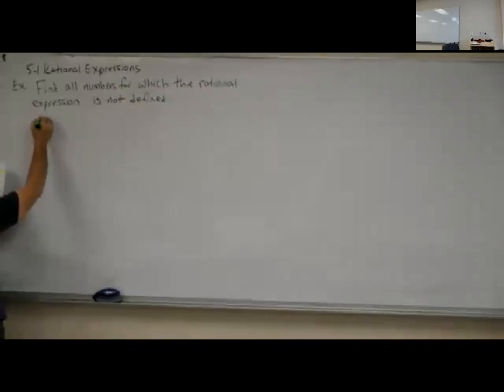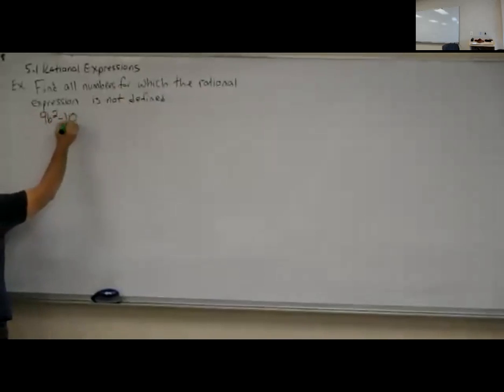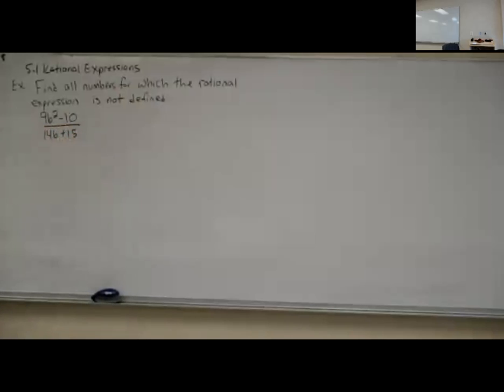They're giving us 9b squared minus 10 over 14b plus 15. They're doing this in this section because this is what you would do if you were looking for the domain on them. Now, I don't have to find a domain on this. I just have to find the numbers that make my rational expression undefined.